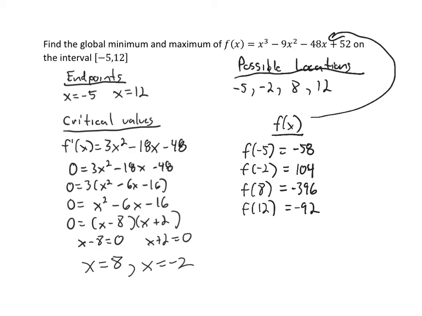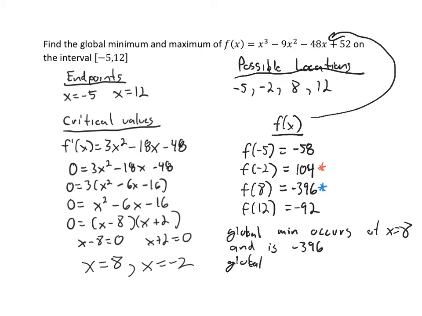What we have shown is that our global minimum, the least possible value of the function, is negative 396. The greatest possible value of the function is 104. So I would say the global min occurs at x equals 8 and is negative 396.